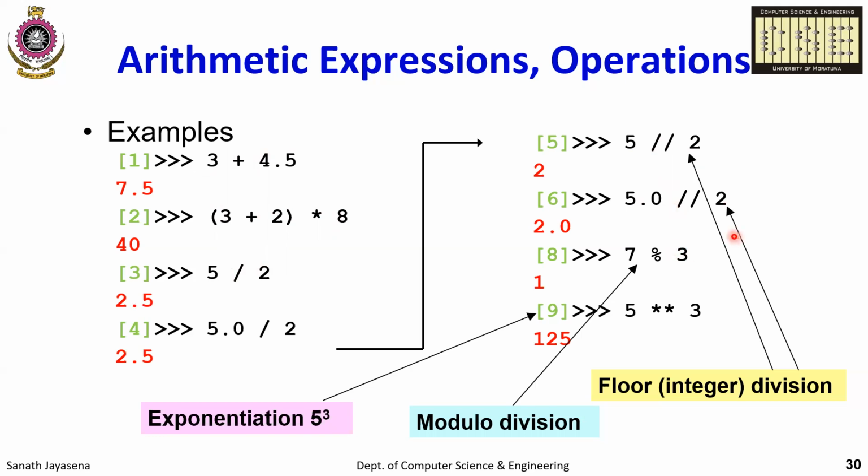You can call each of these an operator. So when you have an operator with operands, for example, this is one operand, this is the other operand, and this is the operator.